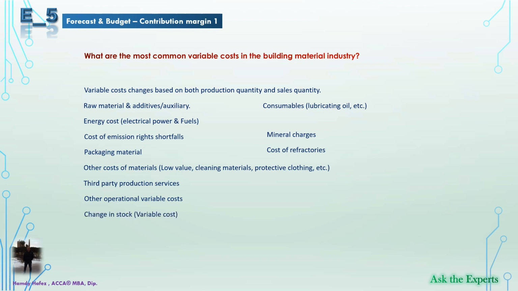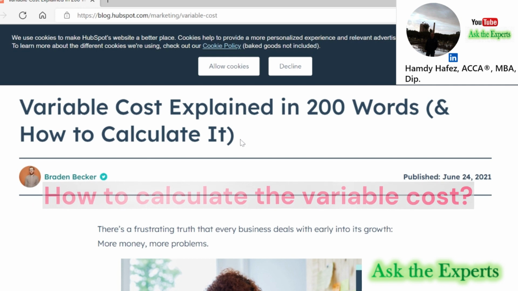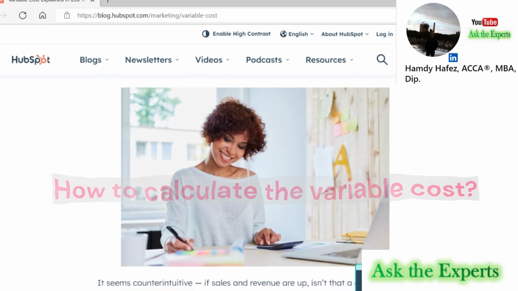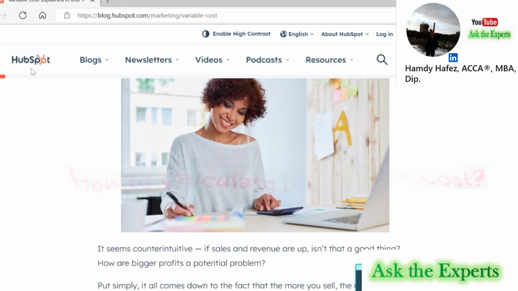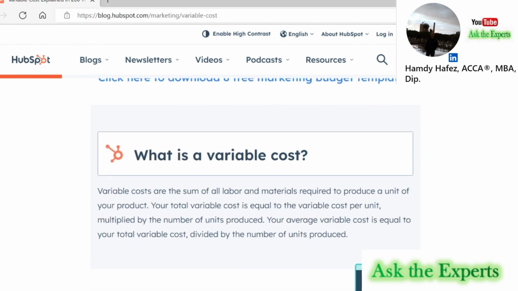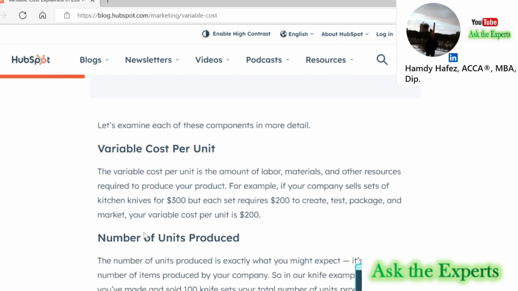But how to calculate the variable cost? And how to link it to both the fixed costs and total costs? In one of the articles published on the HubSpot blog, Variable Cost Explained in 200 Words, Braden Becker explained what the variable cost is. Then he discussed the main variable cost components in more detail.